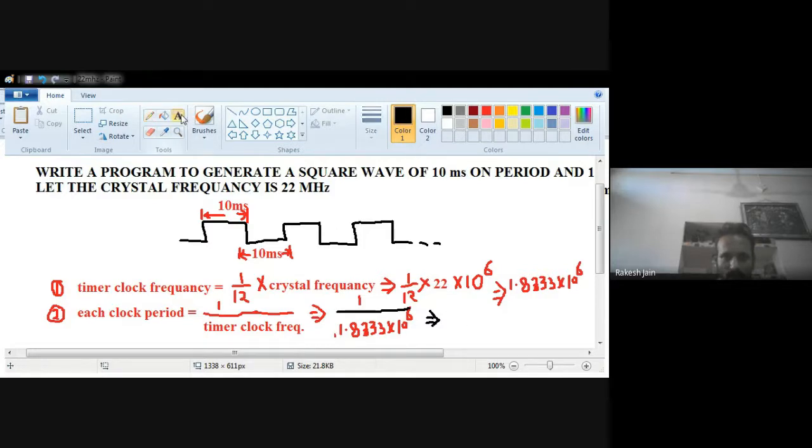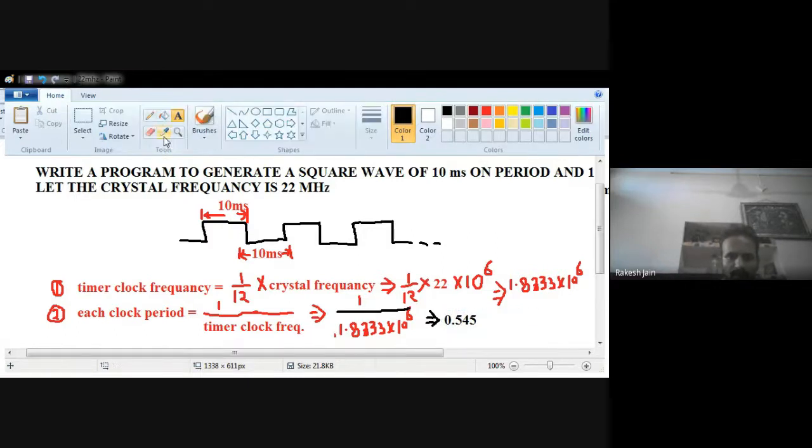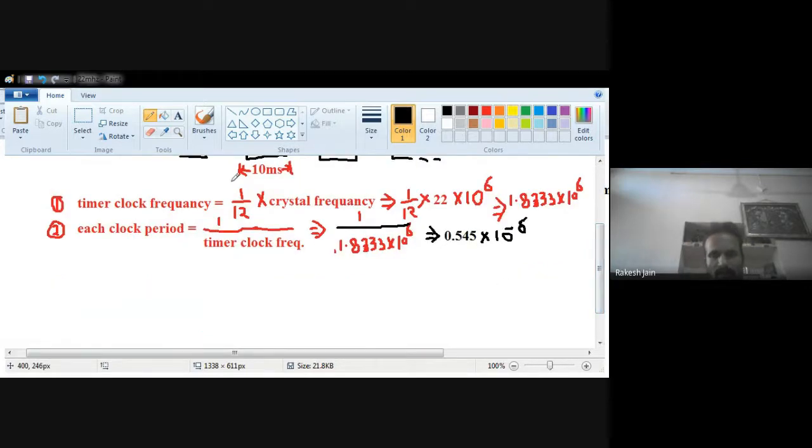It will be minus 6 because when 10 to power plus 6 moves to the lower side, it becomes 10 to power minus 6. So that is 0.545 microsecond.